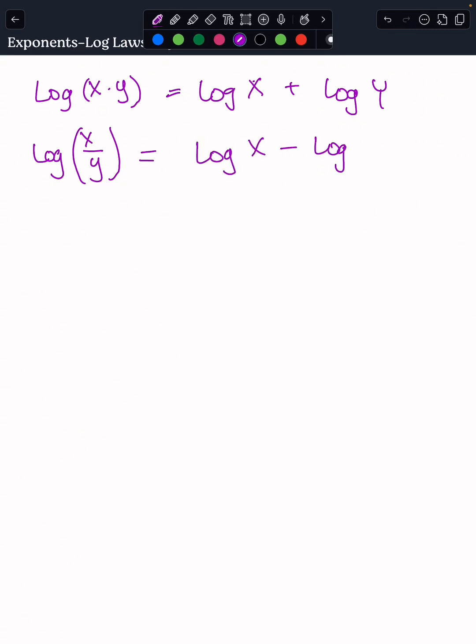The other one was log of x divided by y is equivalent to log of x minus the log of y. Then we had another one that said the log of a number to a number, that equals 1.